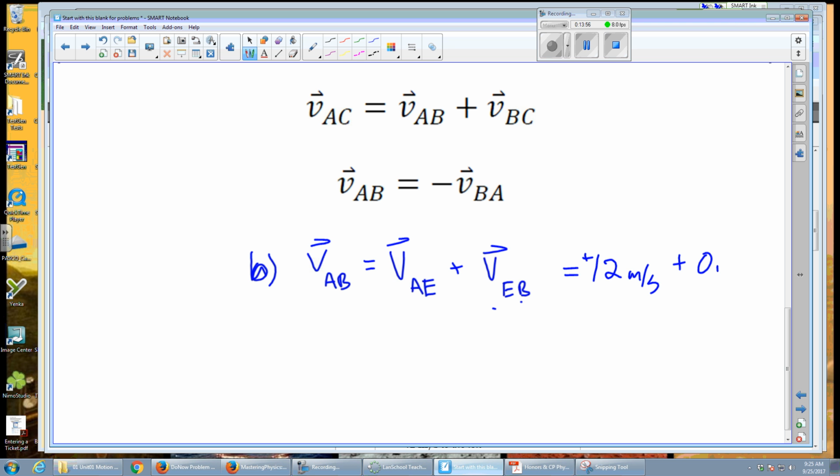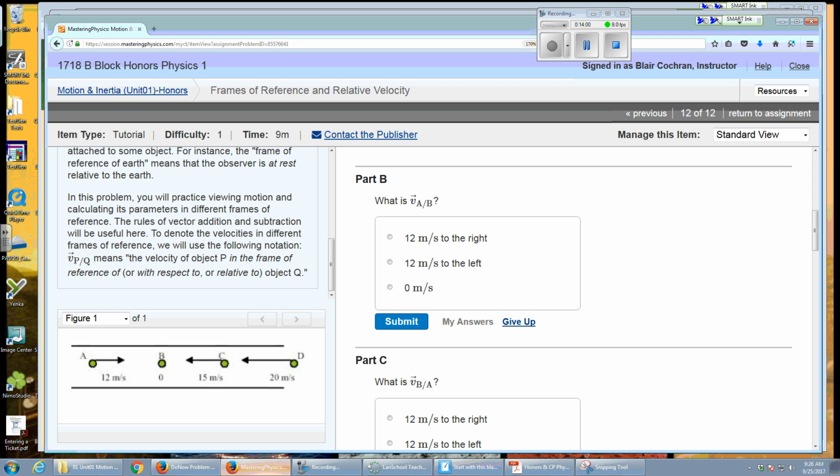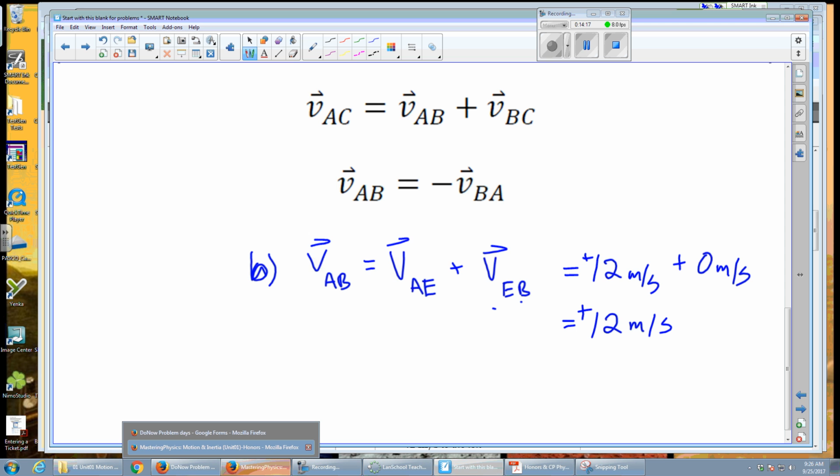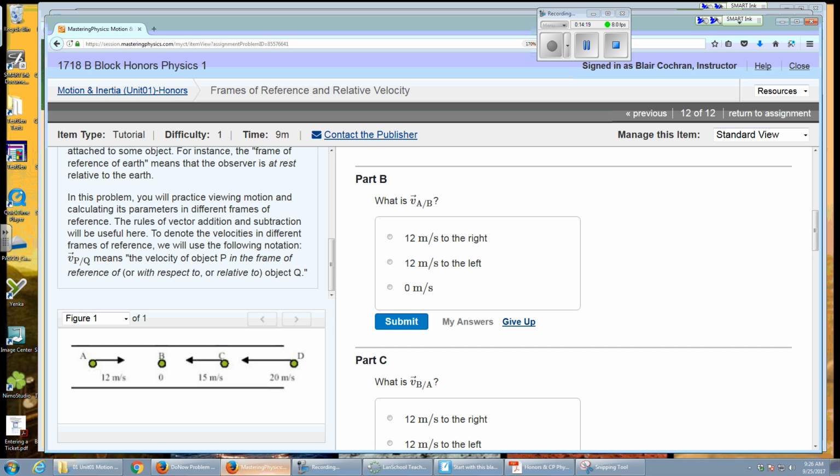And this is 0 meters per second, right, from our diagram back here. Okay, you guys okay with assuming to the right is positive? Yeah, okay. And so I get an answer of 12 meters per second, positive. And let's see, is that one of my choices? Yes. Good.